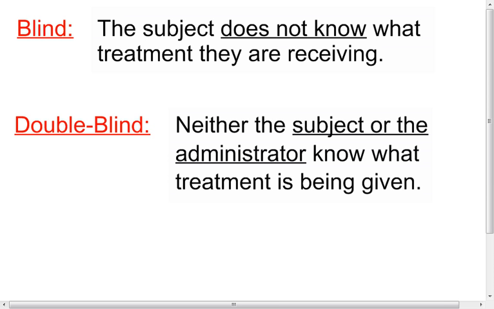Obviously, someone in this study has to know who's getting what, so there's some secretarial kind of person that knows, but the actual person administering the care to the subject does not know what treatment is being given. This is important because if people know what treatment they're being given, then they are likely to treat them differently.